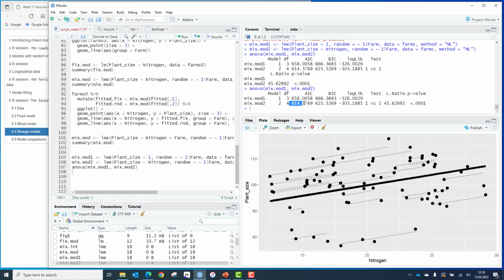And since this came out better, it means that including the effect of nitrogen was beneficial. It made the model significantly better, you could say, according to the Akaike criterion. So that's an alternative way of testing the fixed effect, really. We will talk a little bit more about this next week.